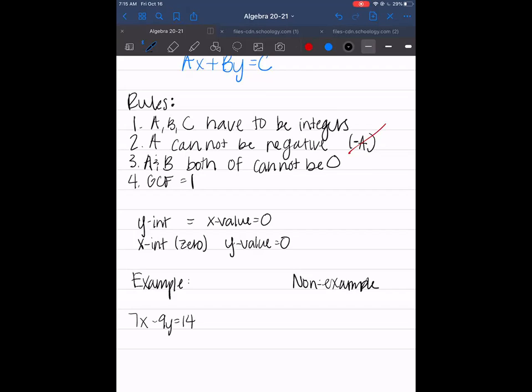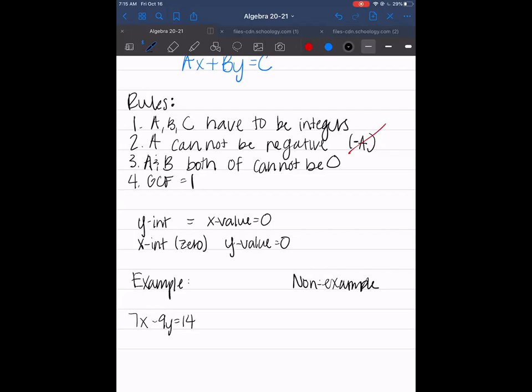A, B, and C are all integers. A is not negative. A and B are not 0. And those numbers can't all be divided by anything other than 1, so the greatest common factor is 1. 7 and 14 could both be divided by 7, but because 9 cannot be divided by 7, 7 is not a greatest common factor.